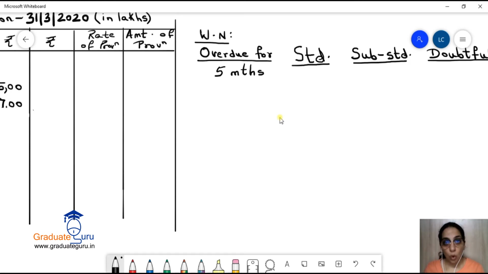Now we know that for the first 2 months it will remain as standard, and once it goes beyond 2 months, that is here 5, so 2 will be standard, and after that for the next 3 months it has remained substandard. Okay, so that means it is in the substandard category.